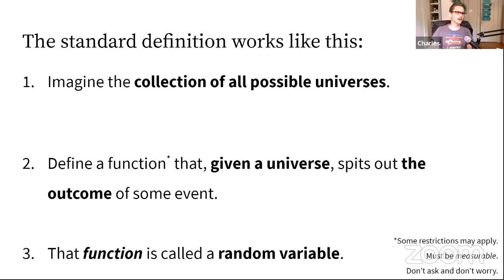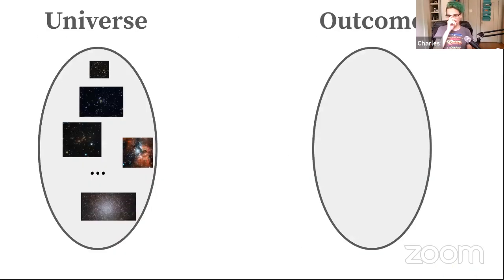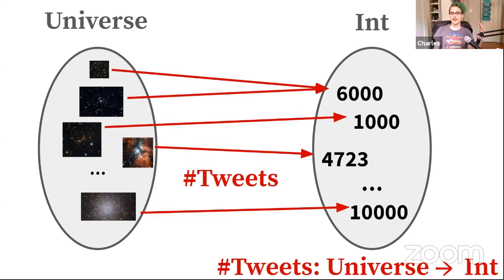There are some minor restrictions on this function, but unless you are a hardcore analysis kind of person, you aren't going to accidentally come up with one that makes this break. So don't worry about it too much. Just in picture form, we've got our collection of all possible universes on the left, the collection of objects of type universe, and then we define a function that takes an object of type universe and returns an object of type integer or type Boolean or whatever.